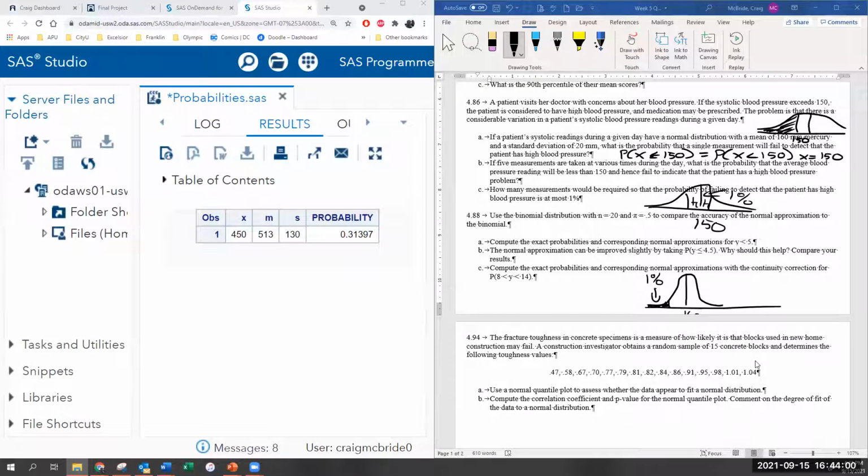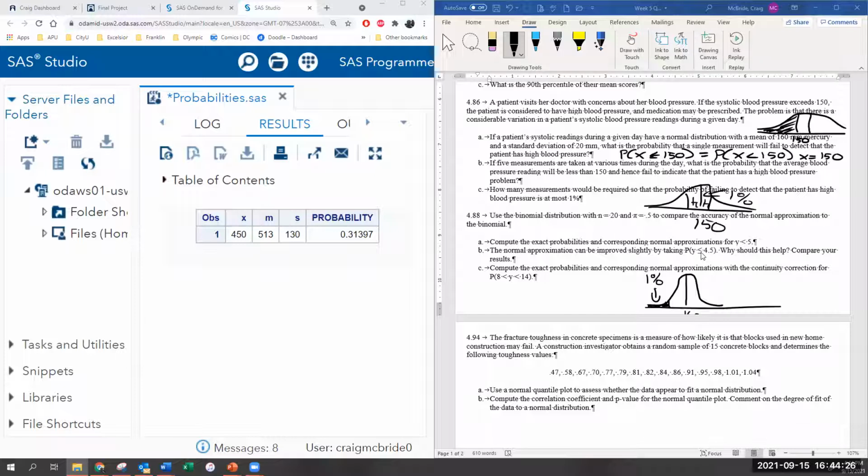So 4.88, obviously you would do a binomial, and then you would do the normal approximation using less than 5, meaning 4, right? And then for part B, you go, okay, I know that I can improve the results by, instead of using 4 on the normal approximation, using 4.5.